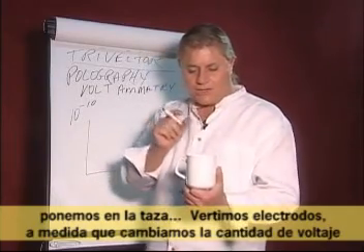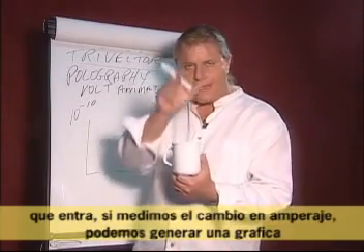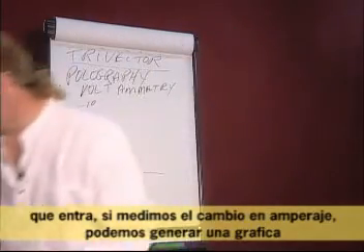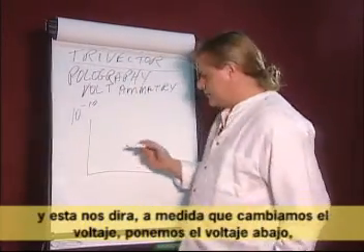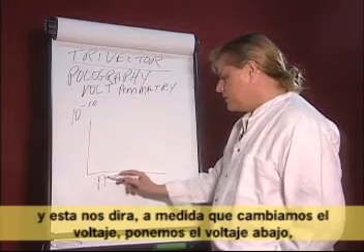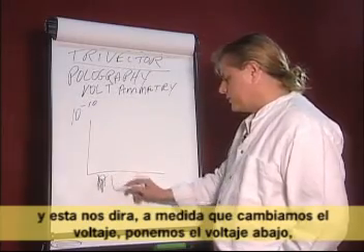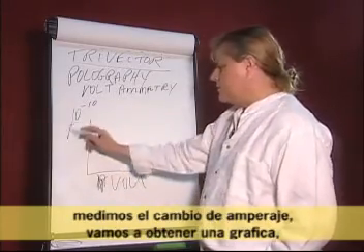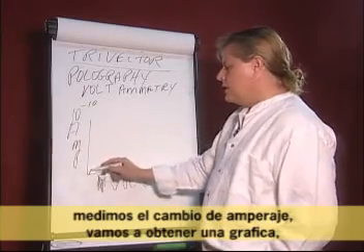As we change the amount of voltage going in, if we measure the change in amperage, we can generate a graph. We'll put voltage on the bottom, measure amperage change, and we're going to get a picture.